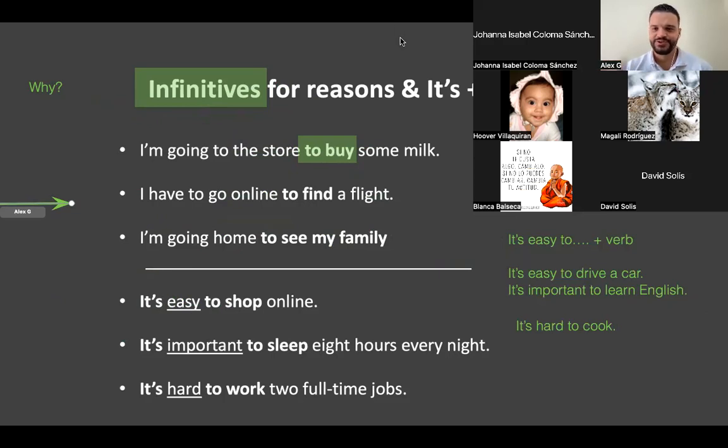I have a question. Sure. Is it only with these adjectives or all adjectives? Many adjectives, not all adjectives, because for example, you can't say "it's tall to," that's incorrect.